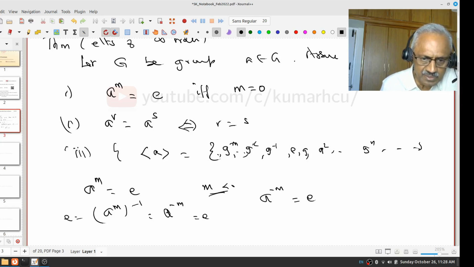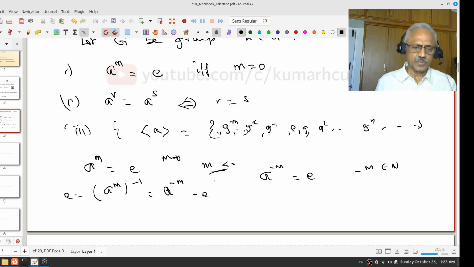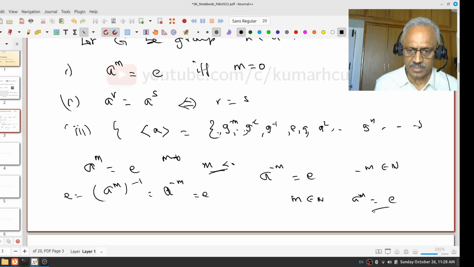Now since m is negative, then minus m is a natural number, right? If m is not equal to 0, either m could be positive or m could be negative. If m is positive, it's already a contradiction, because there is a positive integer m so that a to the power m equals identity, then a is of finite order, but our assumption is a is of infinite order.